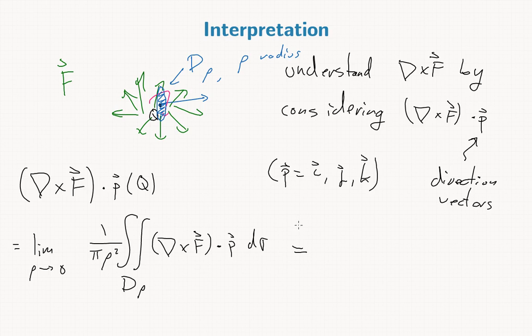So by Stokes' theorem, this is 1 over pi rho squared times the integral over the boundary of this, C rho, for just a circle of radius rho.